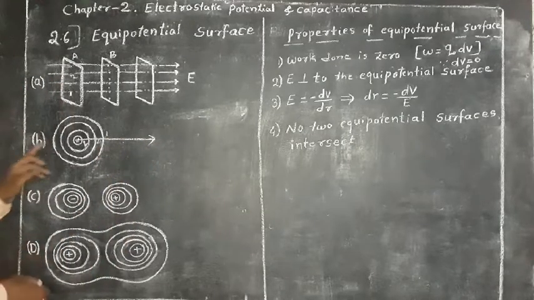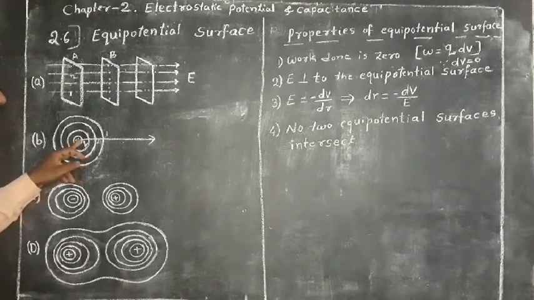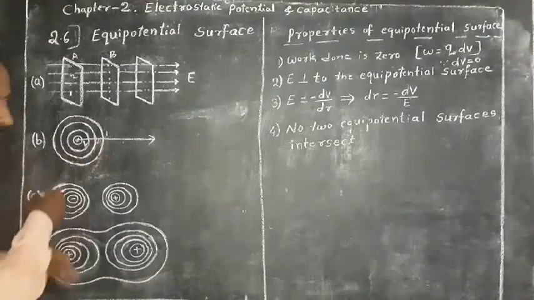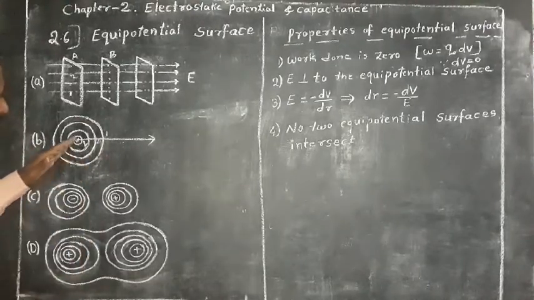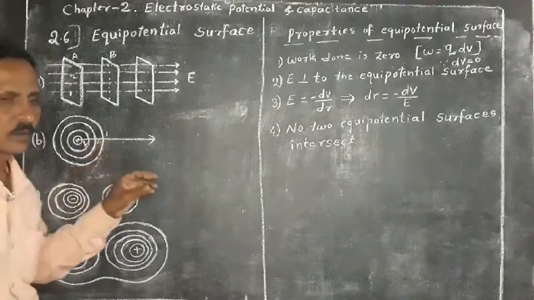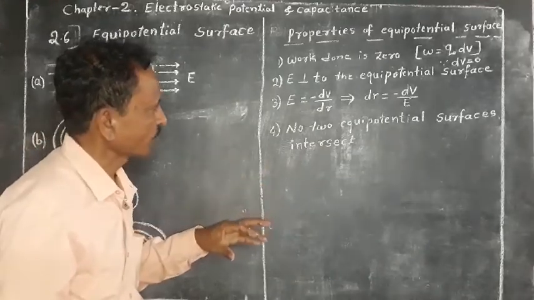Therefore, electric field is always normal to the equipotential surfaces at any point. You can draw electric field and normal.